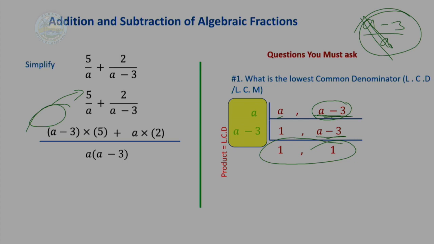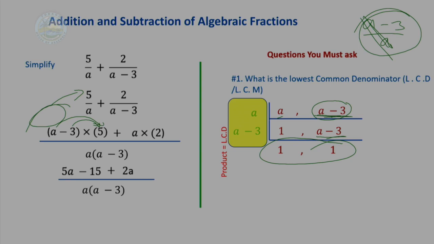So I need now to multiply the a by the 5 and the negative 3 by the 5. a times 5 is 5a, and negative 3 by 5 is negative 15. And a times 2 is going to give me 2a. All upon my common denominator, which is a into a minus 3.